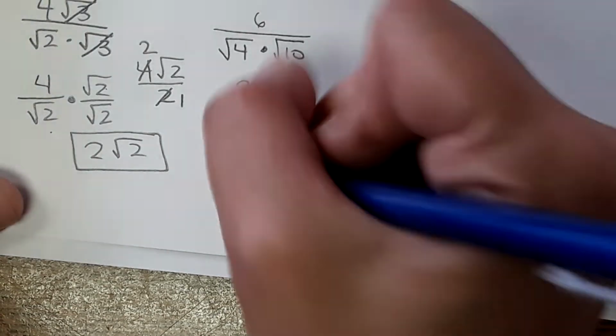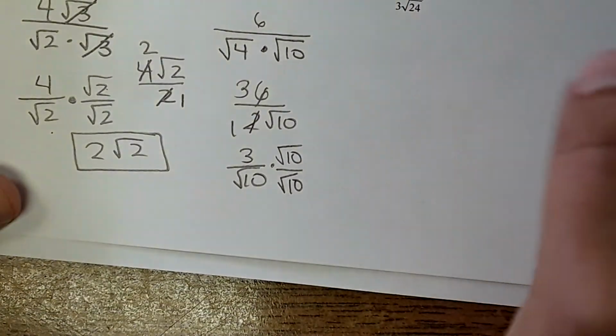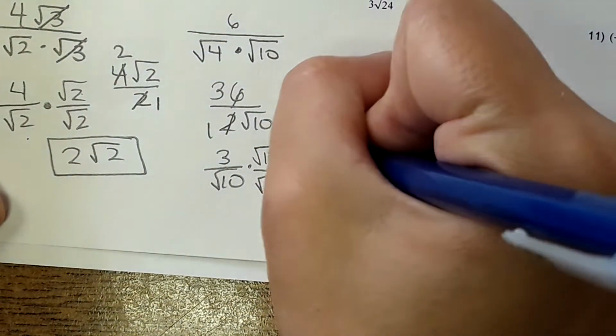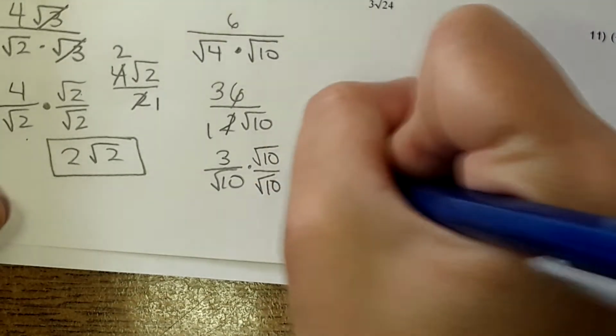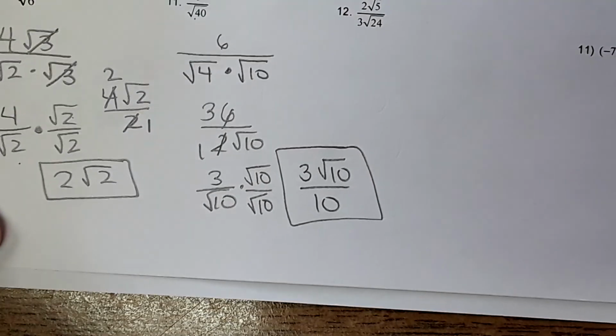As you may predict, we have to multiply by square root of 10 over square root of 10. Do this.